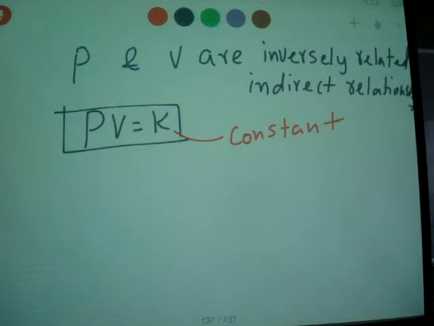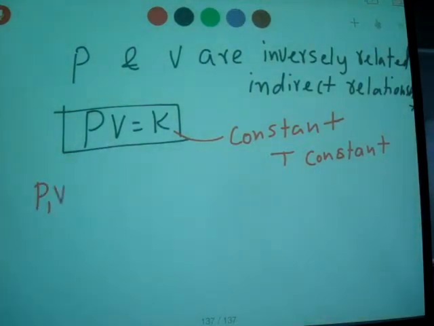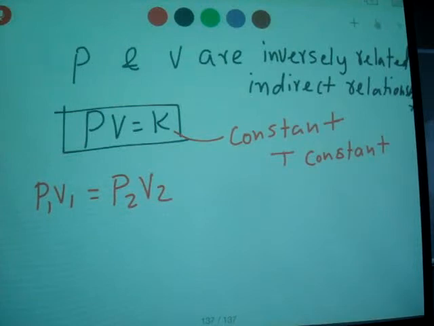So it's a specific temperature, T constant. Now for two conditions, P1V1 equals P2V2. For two conditions, he compared and gave this definition. That's how he defined the relationship between pressure and volume.